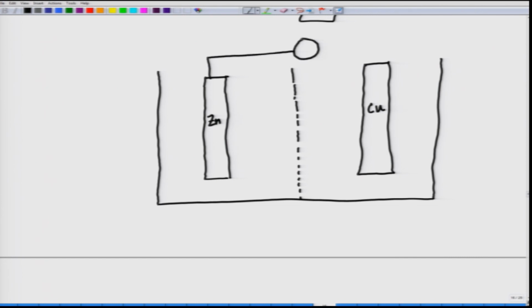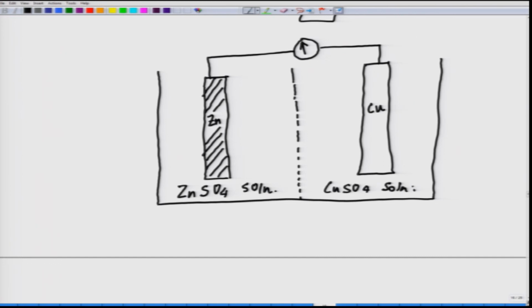Here you have an ammeter connected to it. This is a solid zinc rod, similarly a copper rod, and this is in zinc sulfate solution, ZnSO4, and the other is in copper sulfate solution.